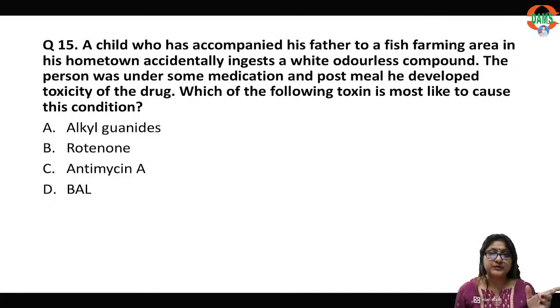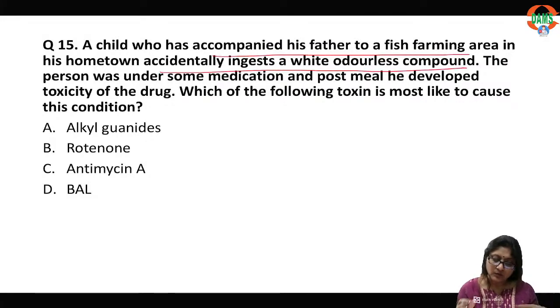Coming to the next question. A child who has accompanied his father to a fish farming area in his hometown accidentally ingests a white odorless compound. Fish farming. The person was under some medication and post meal he developed toxicity to the drug. Which of the following toxins is most likely the cause for this condition? So the only hint is the fish poison.